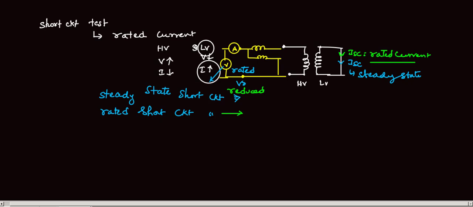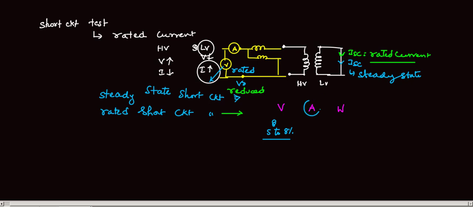In the short circuit test we have the voltmeter reading, ammeter reading and wattmeter reading. A voltmeter reading of only 5 to 8% of the rated voltage is enough to produce a short circuit current equal to the rated current in the transformer winding.